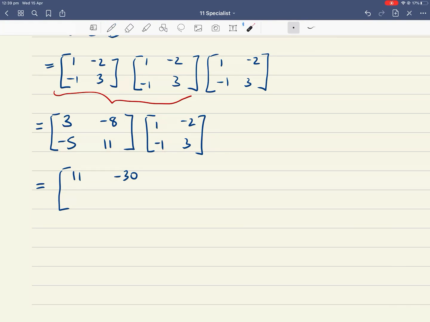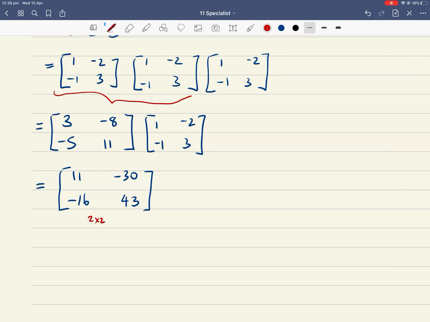Row 2, column 1: -5 and -11 gives me a total of -16 in the row 2, column 1 entry. And lastly, row 2, column 2, that's a +10 and a 33. That gives me +43.